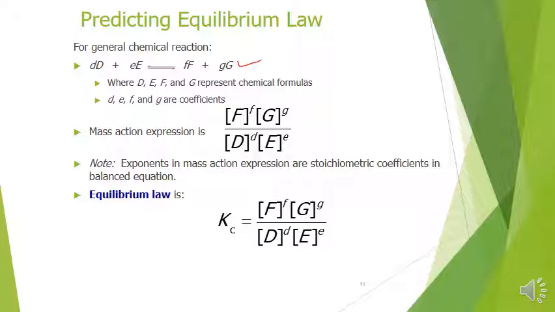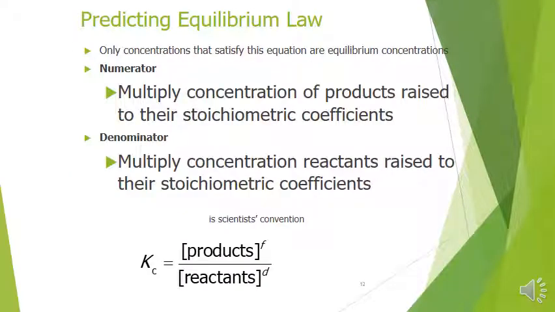And so the equilibrium law for this, since we're talking about concentrations, Kc is equal to F times G over D times E. So this shows you the same thing. We have products over reactants. I always like to think of this relation as product over reactants.